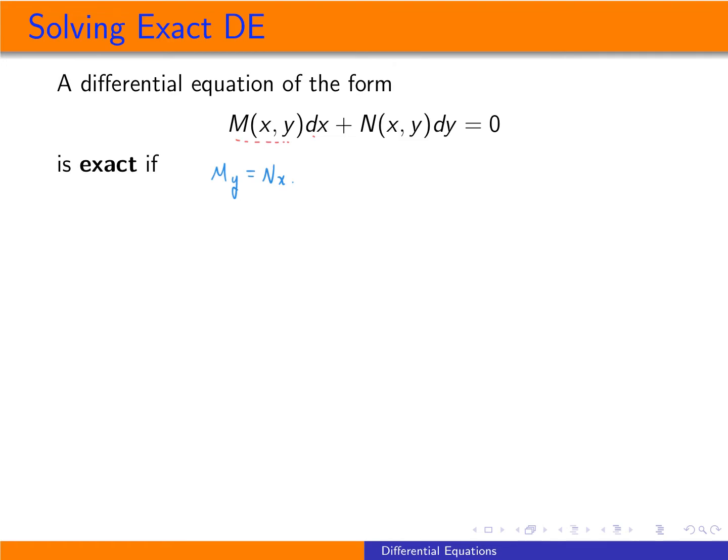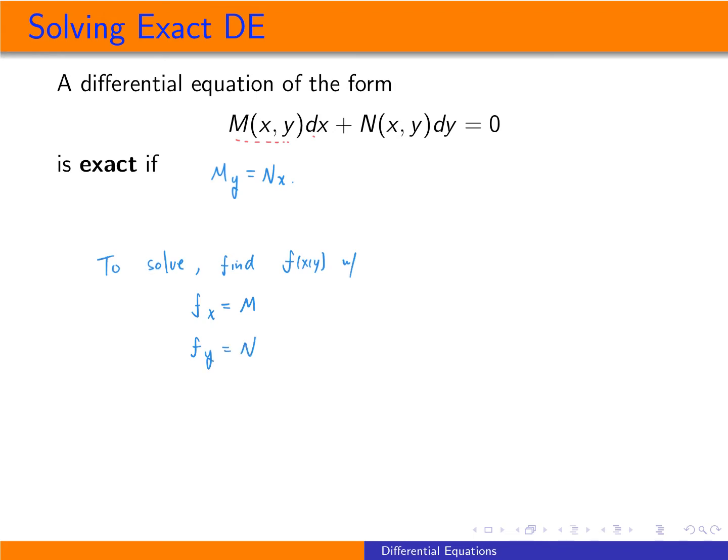Now, when we have an exact differential equation, we have a nice method of solution. In order to solve an exact differential equation, we find a function f of x y that satisfies the following relationships. We want the partial of f with respect to x to be the M function, and the partial of f with respect to y to be the N function.